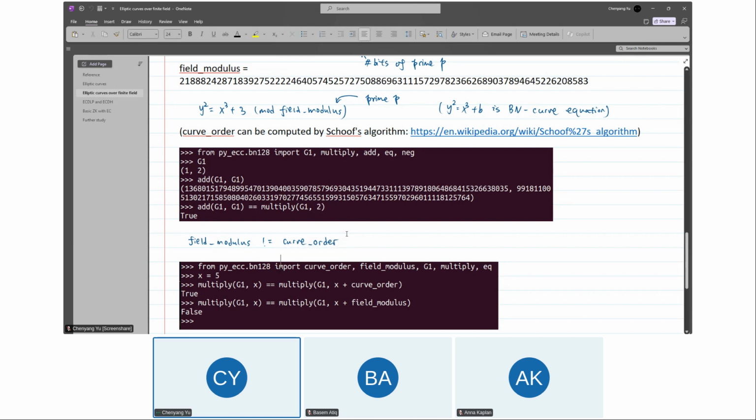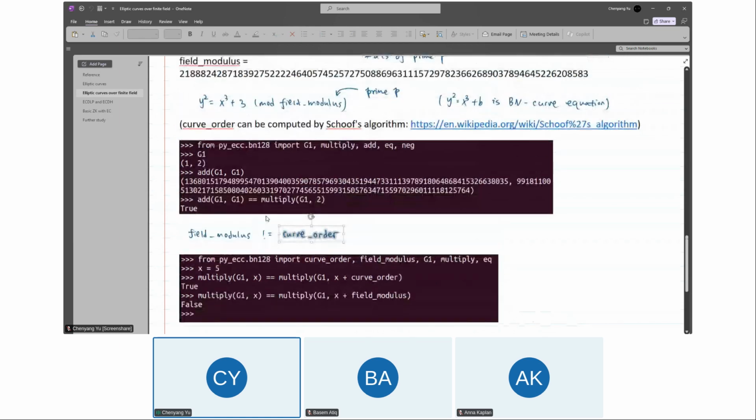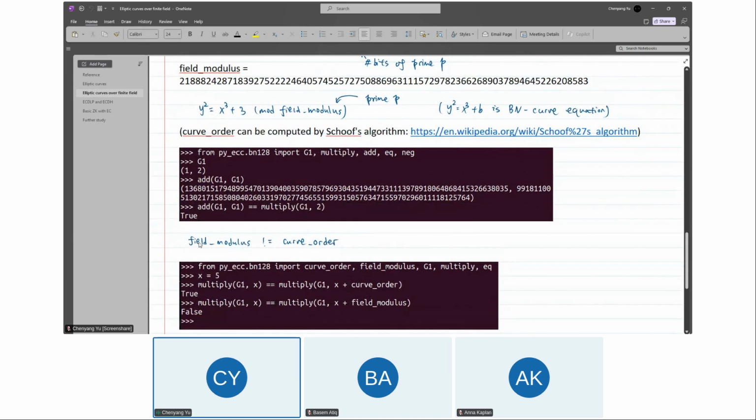I constantly use curve order and never use field modulus somehow. So remember they are not the same concept. Field modulus means we are doing integer operations mod p, and this field modulus is that prime p. Curve order means how many points are on the EC.